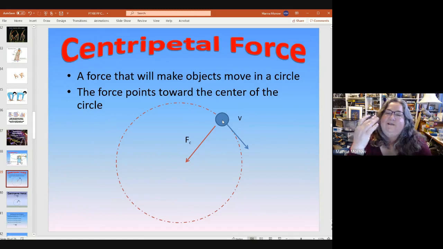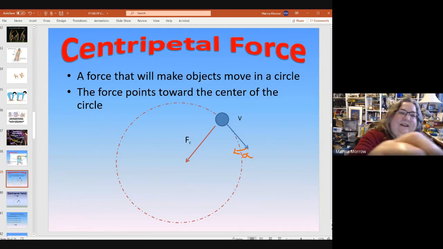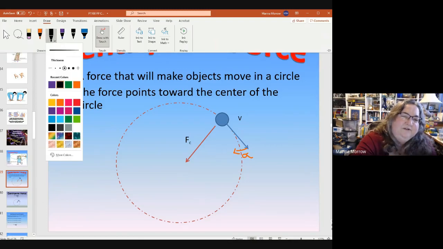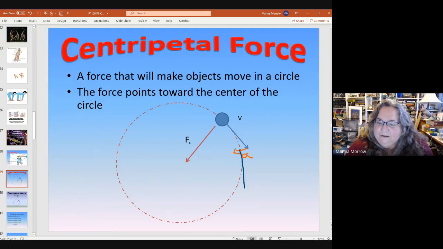And so what we're actually doing is causing an acceleration. So the force towards the center is causing an acceleration, and that changes the velocity to a new direction while keeping the speed the same.